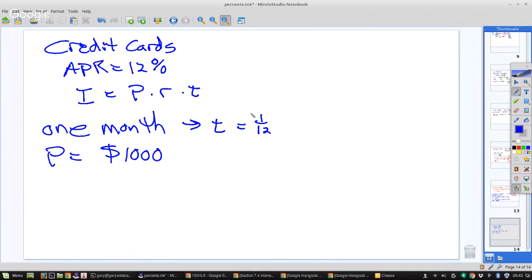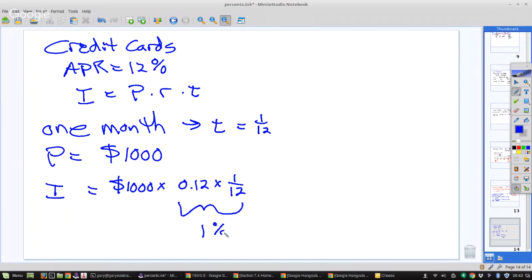So we have our rate, we have our time, we have our principal, so we can calculate our interest by just taking our $1,000, multiplying by 12%, needs to be a decimal or a fraction, and multiply by time. Now, order of operations, multiply left to right, but multiplication is nice. You can do it in any order you want. 1/12 is kind of nice because that is 1%, right?